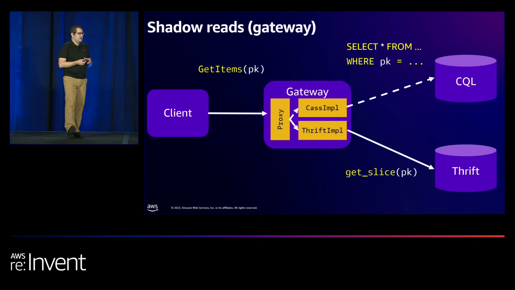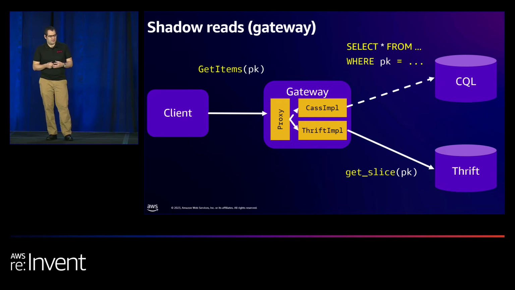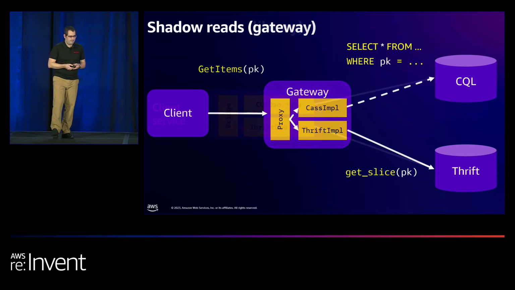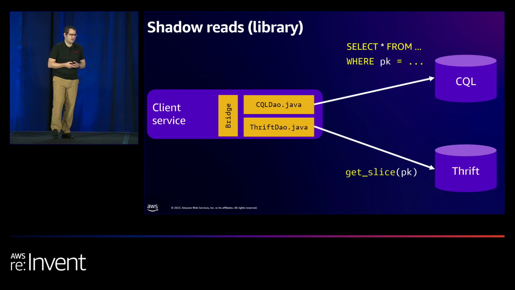And then, of course, we can also shadow reads using the gateway technique that we talked about earlier. So in this case, we've got a get items, and again, we're translating it between CQL selections and Thrift get slices. And we can shadow reads in the library.